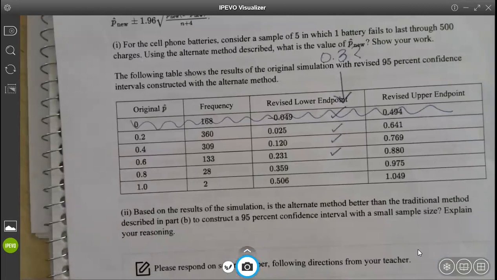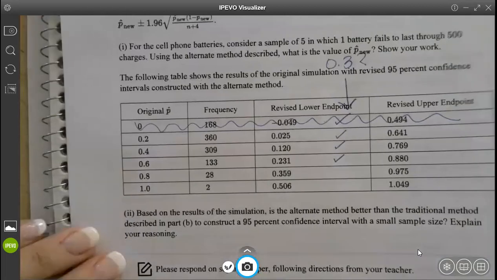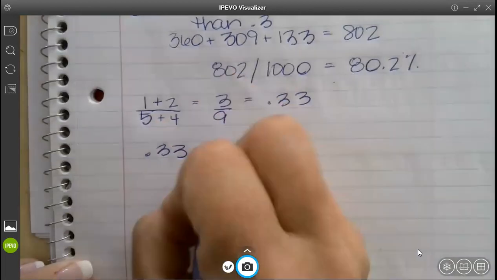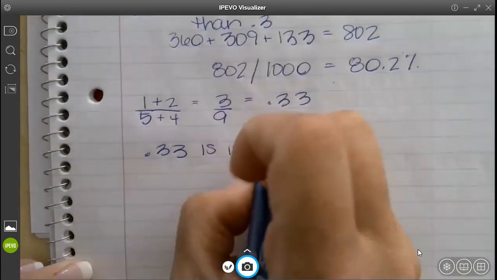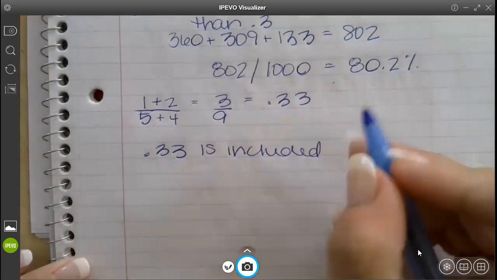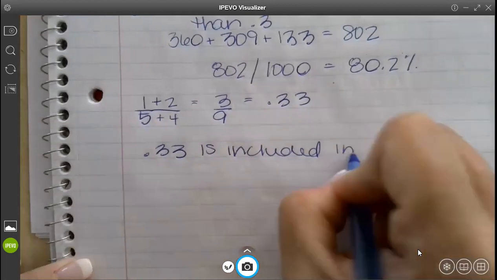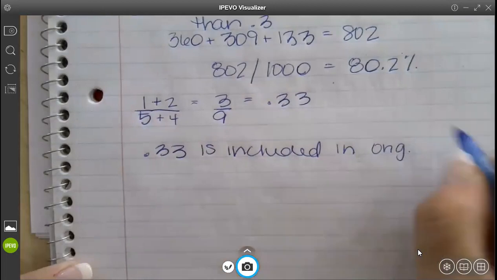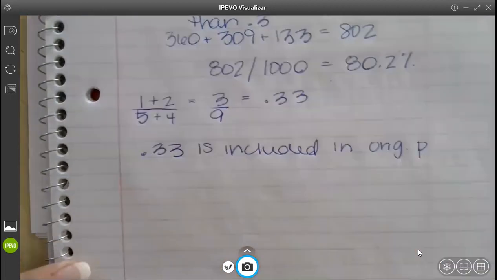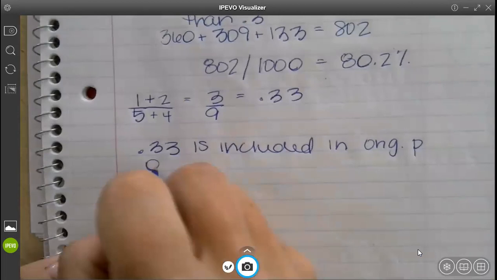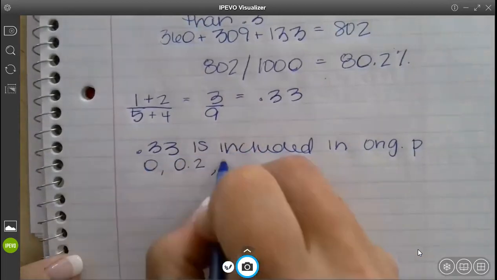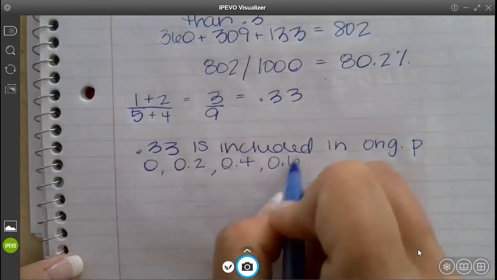All right. So on this one, 0.33 is included in the original p chart of 0, 0.2, 0.4, and 0.6.